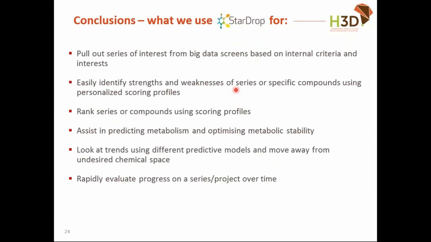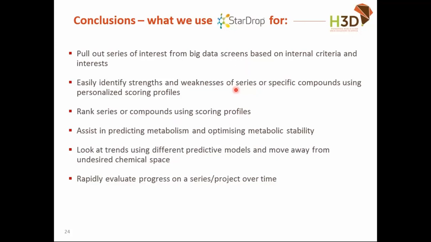So just to conclude on how we use StarDrop, as I hope I showed, we can quite efficiently pull out series of interest from a big data set, and based on our criteria for activity and physical-chemical properties, we can also easily identify strengths and weaknesses of a series by plotting different properties and using different modules in StarDrop.